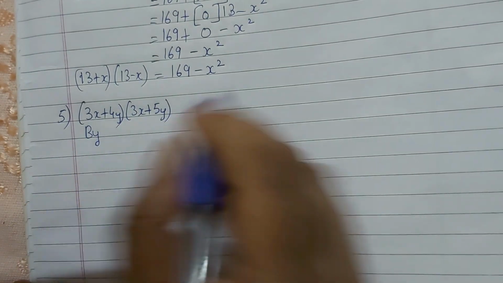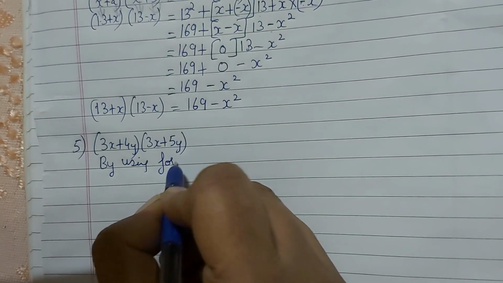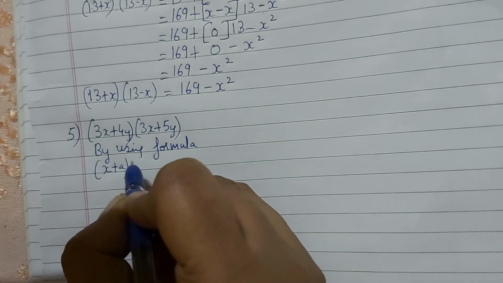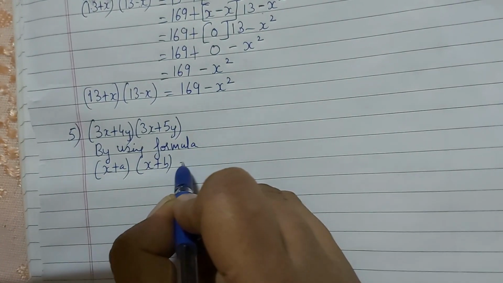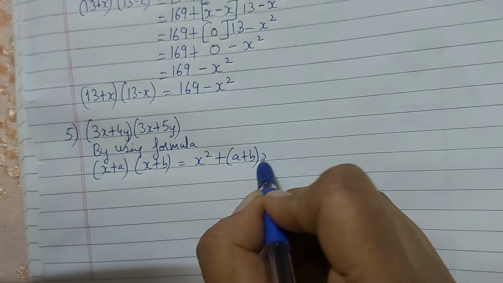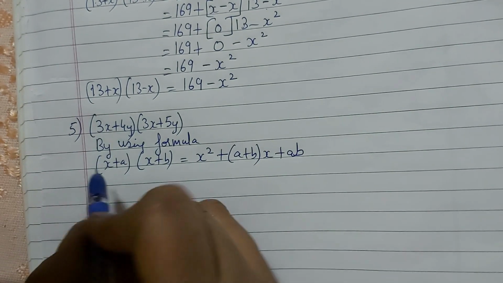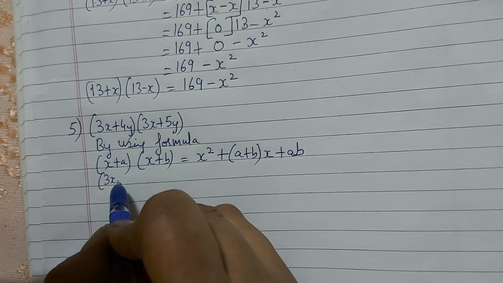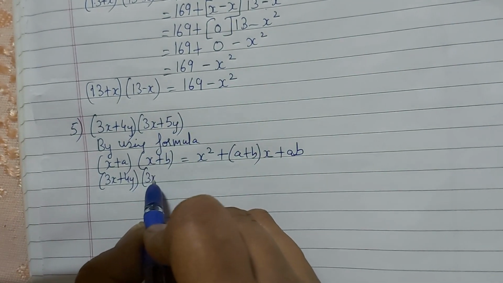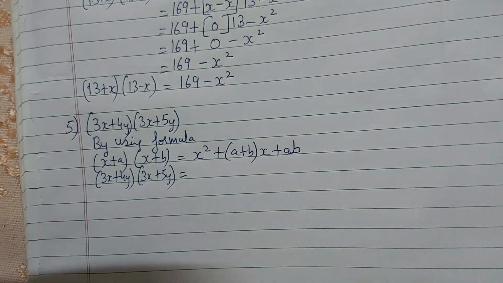By using formula, what is our formula? x plus a into x plus b is equal to x square plus a plus b into x plus ab. Now below this bracket, this whole thing will come, 3x plus 4y. Below this bracket, this whole thing, 3x plus 5y is equal to, first we will remove the values.